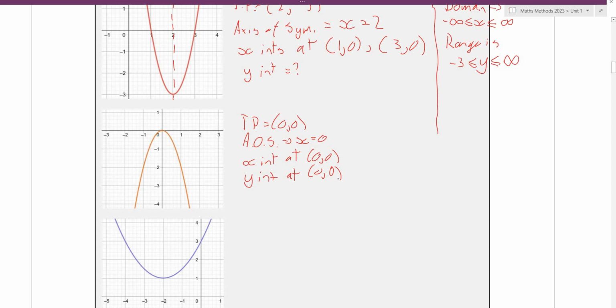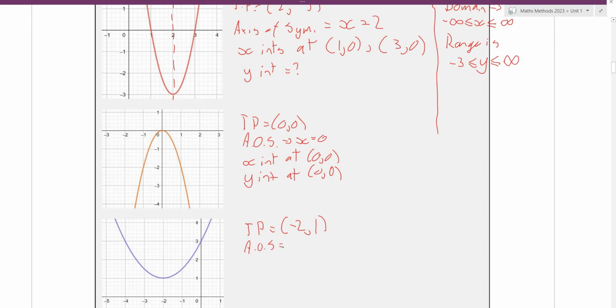Okay. We don't necessarily need to do the domain and range for these ones. I just wanted to get you in the habit of thinking about domain and range for these functions. For the final one, where's my turning point? Negative 2, 1. Axis of symmetry.